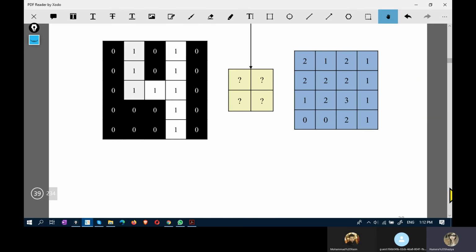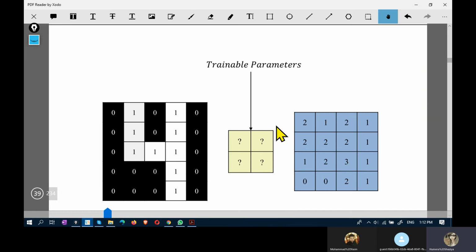So weights are shared, and these are known as trainable parameters. This filter values or kernel values are the trainable parameters. Initially you may give here randomly 1 1 0 1. These are random values you have initialized. After you obtain the result through back propagation, these values are updated.